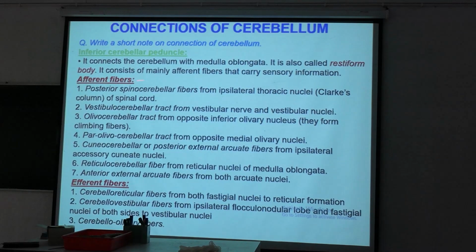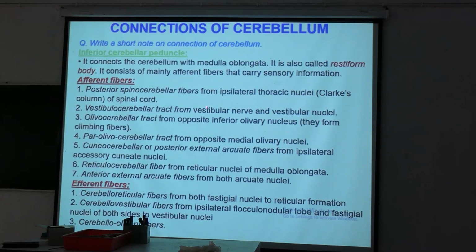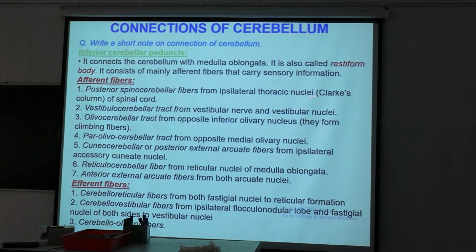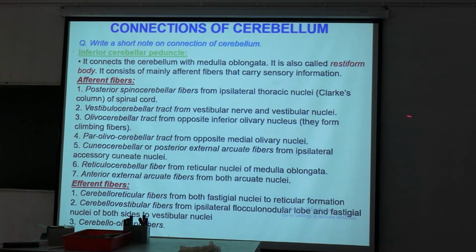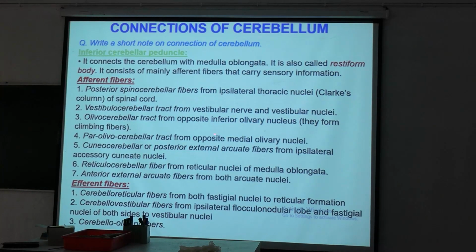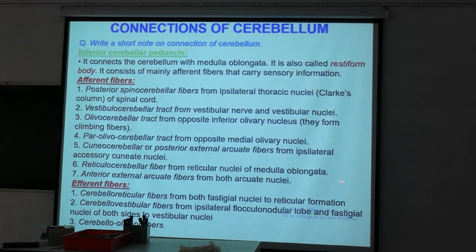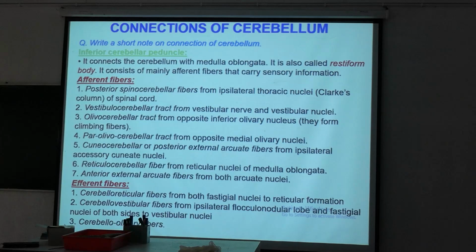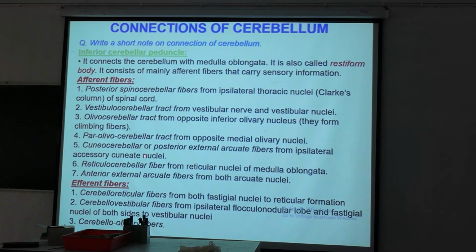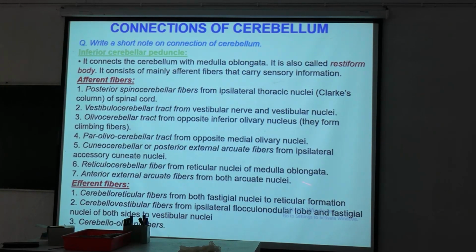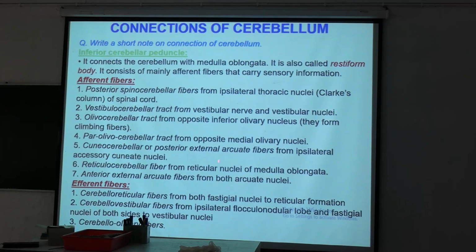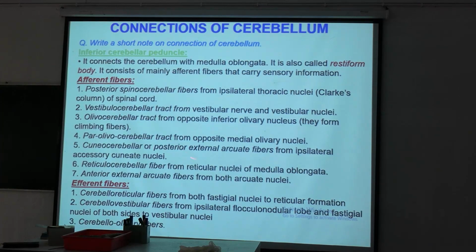The afferent fibers are the posterior spinocerebellar fibers from ipsilateral thoracic nucleus, that is Clarke's column of spinal cord; vestibulocerebellar tract from vestibular nerve and nuclei; olivocerebellar tract from opposite inferior olivary nucleus, which form the climbing fiber; paraolivocerebellar tract from opposite medial olivary nuclei; cuneocerebellar or posterior external arcuate fibers from the ipsilateral accessory cuneate nuclei; reticulocerebellar fiber from reticular nuclei of medulla oblongata; and anterior external arcuate fiber from both the arcuate nuclei.